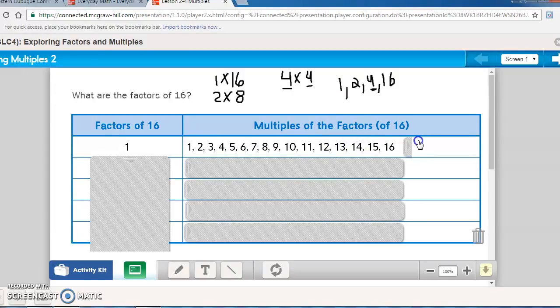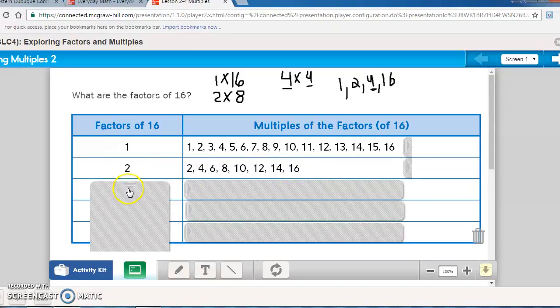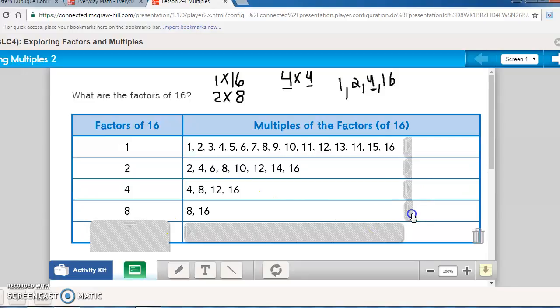So as we look, factors of 16 are 1. These are the first factors up to number 16 for the number 2. 4 goes up to 16. 8 becomes 16 through multiplication.